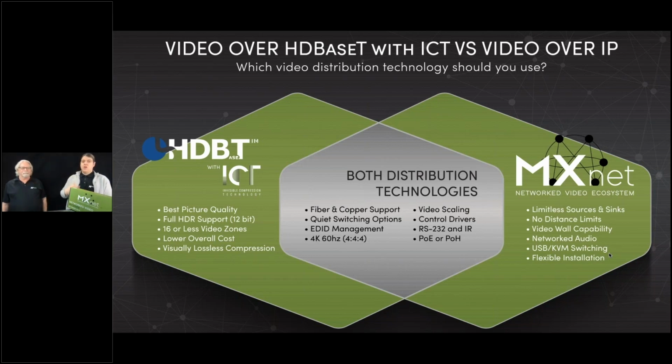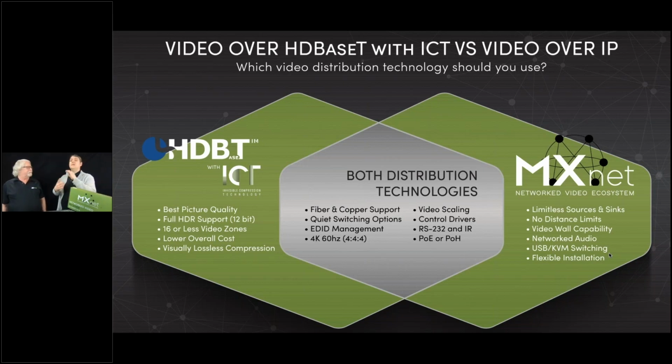As you can see, you're going to have quick switching, you're going to have fiber and copper support, you're going to have video scaling, you're going to be able to do Dolby Vision, you're going to be able to do 4K 60, 444 on both of them. But if you really wanted the best picture quality, the best absolute zero compression or the lightest compression, well, then you go with our traditional matrix switches, our DAs, our extenders that way.